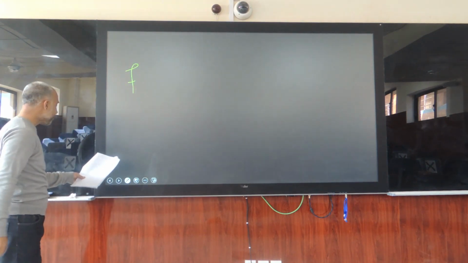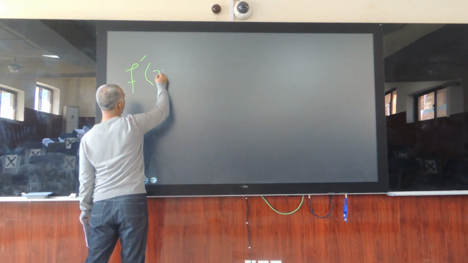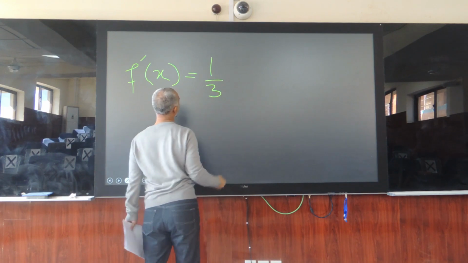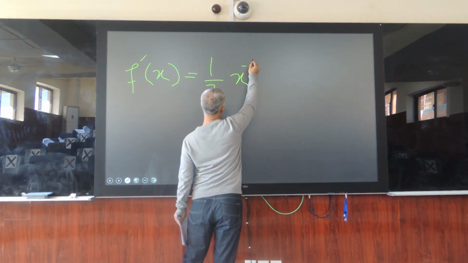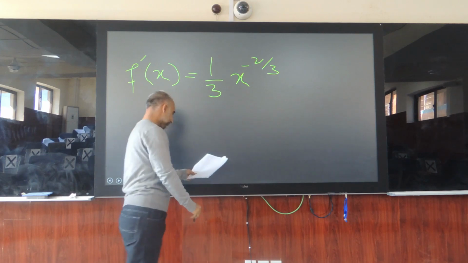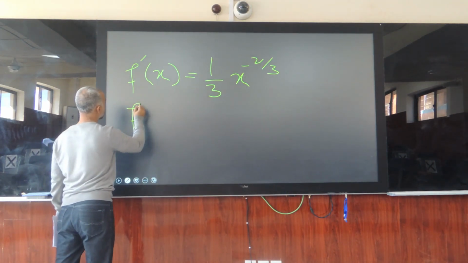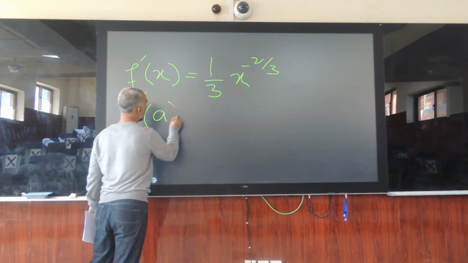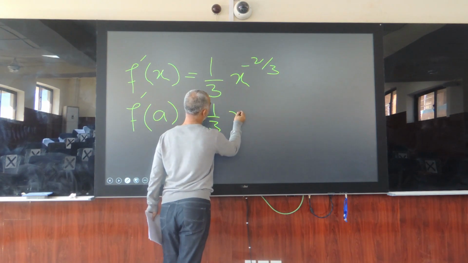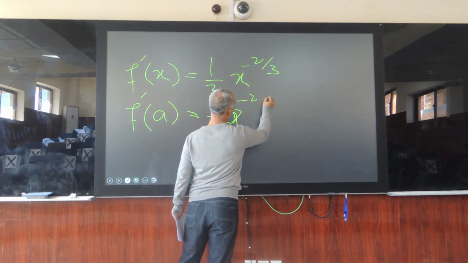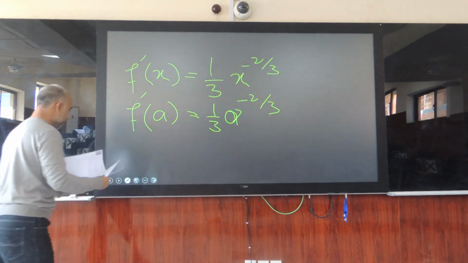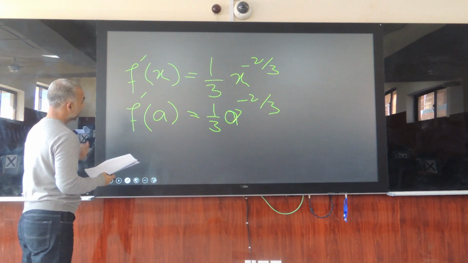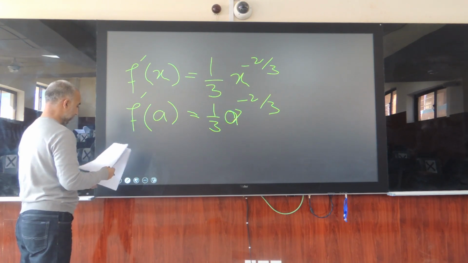Similarly for f prime of x, we will have 1 over 3 x to the power minus 2 over 3, by substituting x equal to a, 1 over 3 a to the power minus 2 over 3.